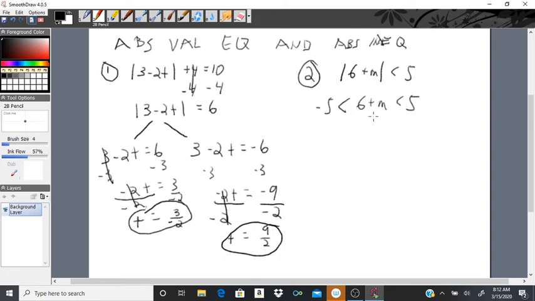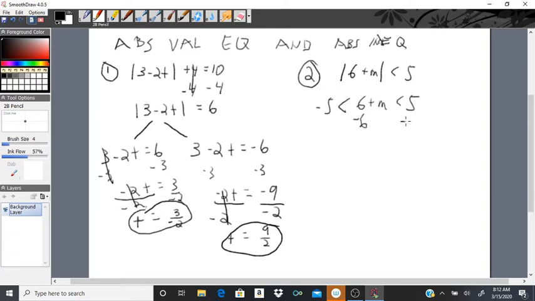It means that we treat it just like an equation. Just because there's 3 pieces to it, that's okay. We treat it just like an equation. And the only time that we switch the signs is if we divide or multiply by a negative number. But if we never divide or multiply by a negative number, all the signs stay in the same direction. So what's my goal? I need to get m plain. So I do minus 6 to get rid of that 6.